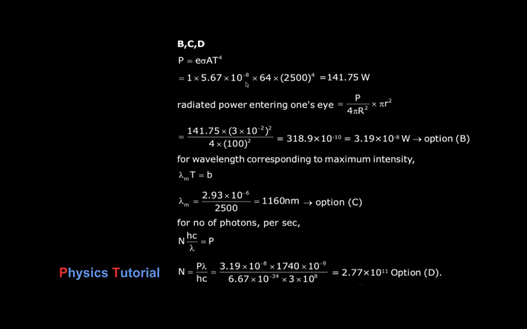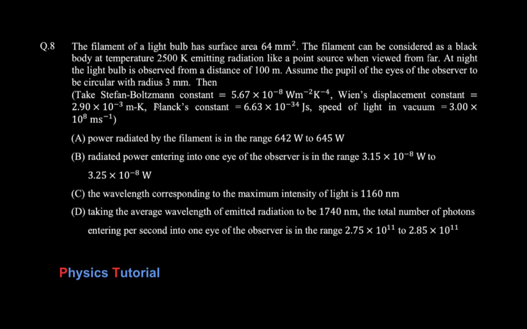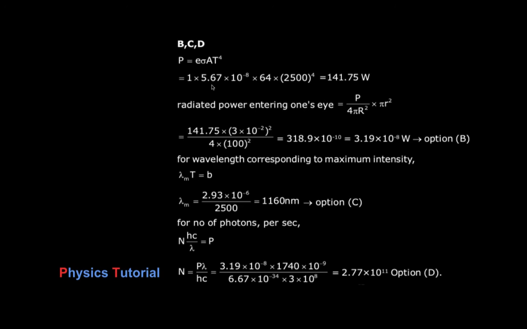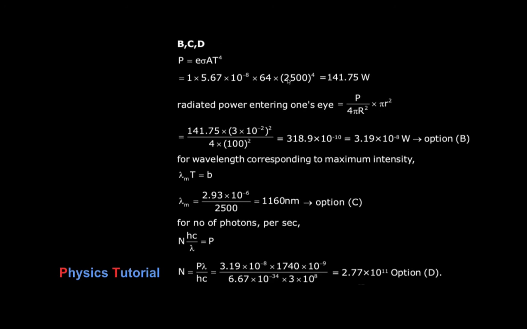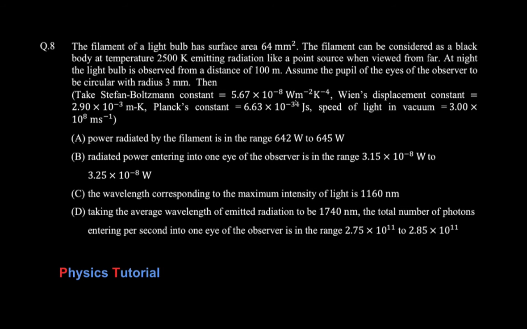Sigma is the Stefan-Boltzmann constant, given over here as 5.67 into 10 to the power minus 8 watt per meter square Kelvin to the power minus 4. You just substitute this value over here, and area is given here as 64 millimeters square.